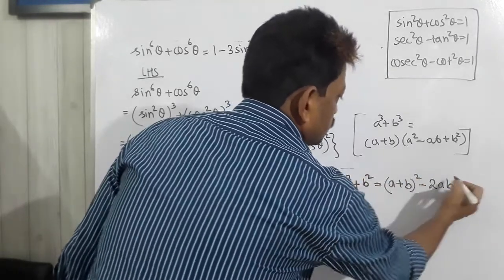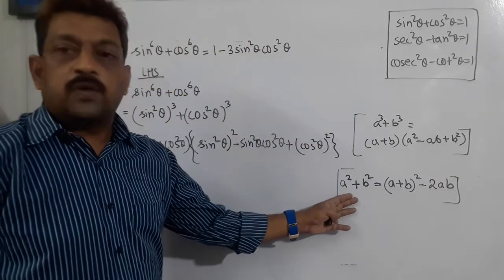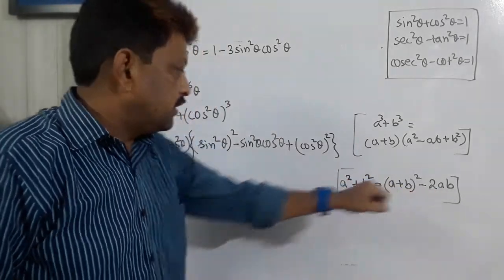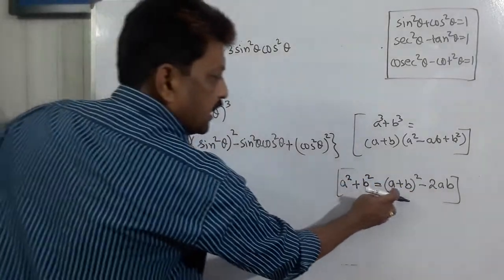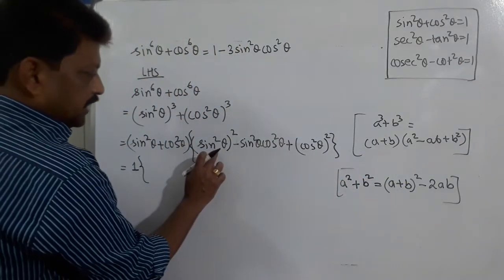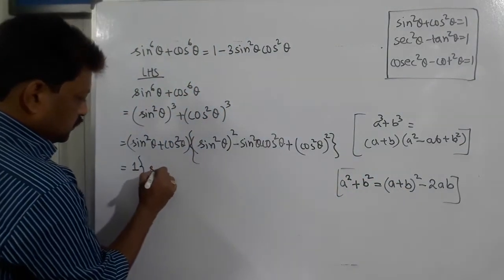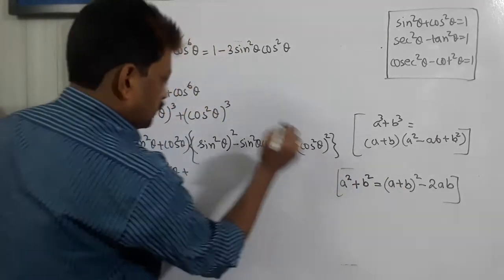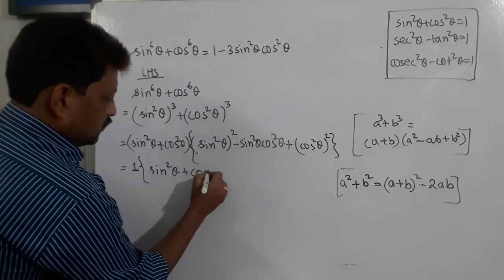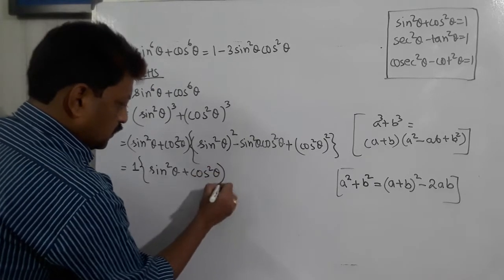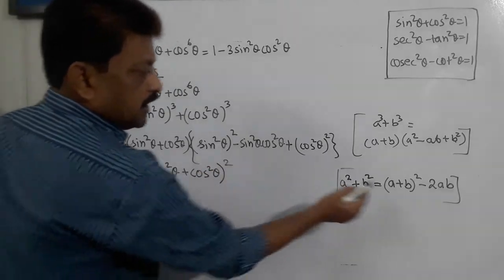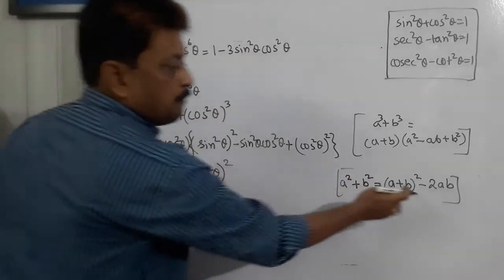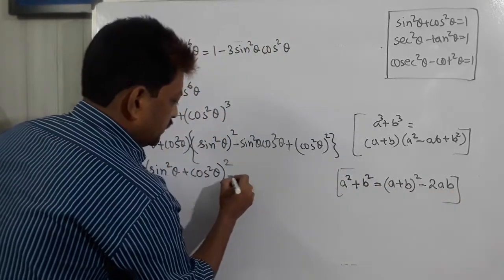This is also one of the algebraic identities. So here a is sine square, b means cos square, so sine square theta plus cos square theta whole square minus 2ab.